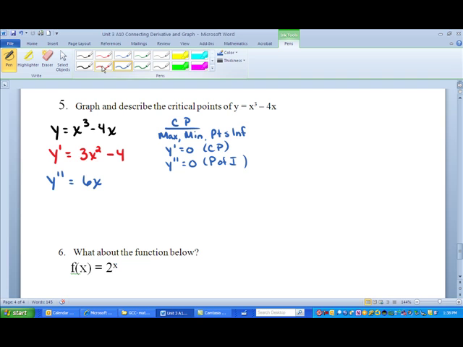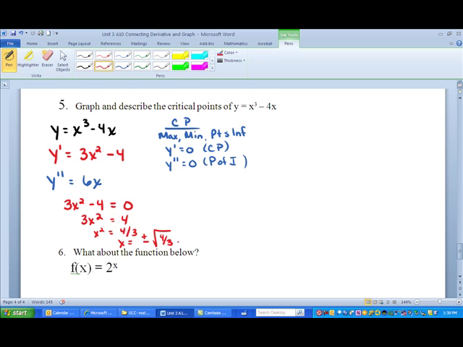So let's go down here and take the first derivative and set it equal to 0. And when we do, we get 3x squared equals 4, x squared equals 4/3, or x equals plus or minus the square root of 4/3.